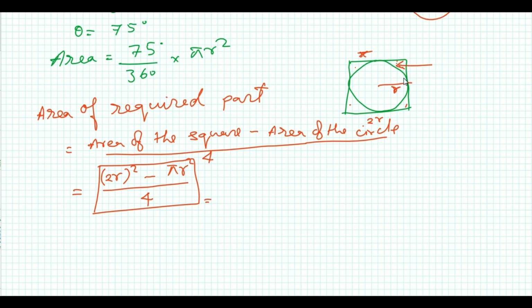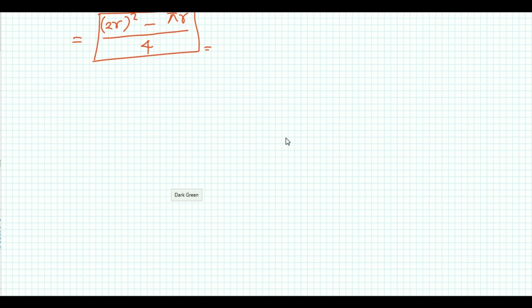Now let's come to another type of critical shape. Suppose this is a straight line, and there is a semicircle like this, and inside this semicircle there are this type of circles. You are asked to find the area of this portion.